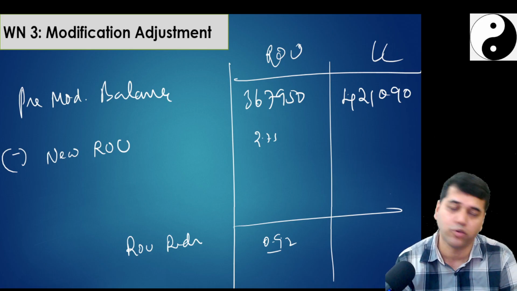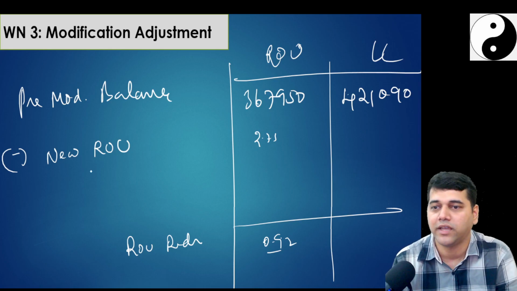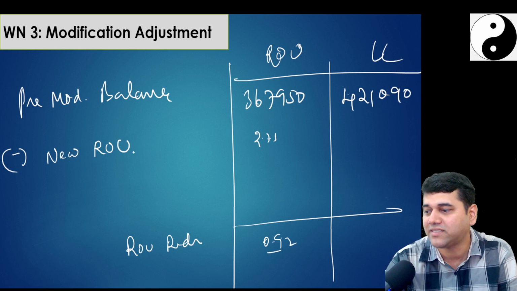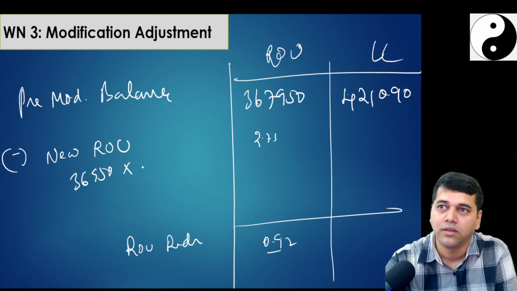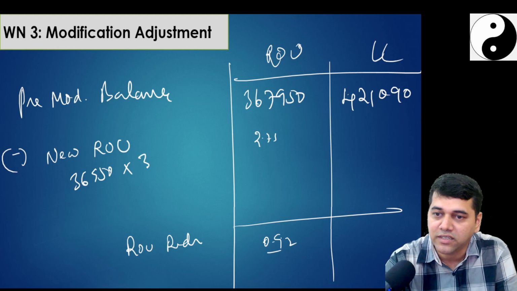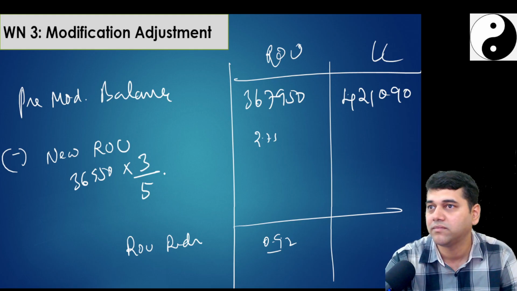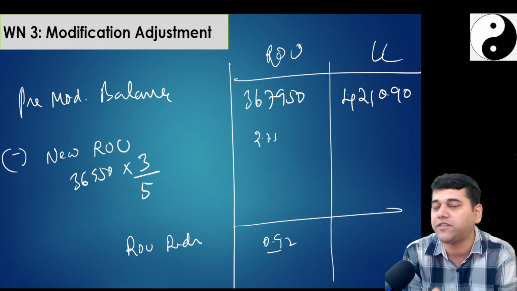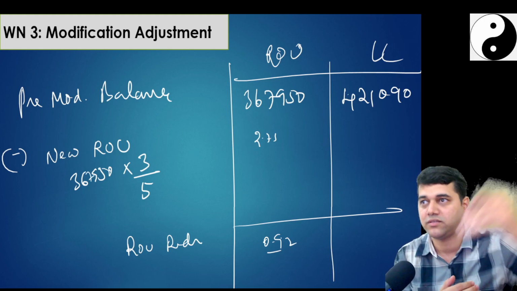Revised depreciation, okay. Or can I consider based on the life? Now, you have got 3,67,950 into how many years are going to remain now? 3 years divided by 5 years. See, this 3,67,950 is meant for 5 more years.